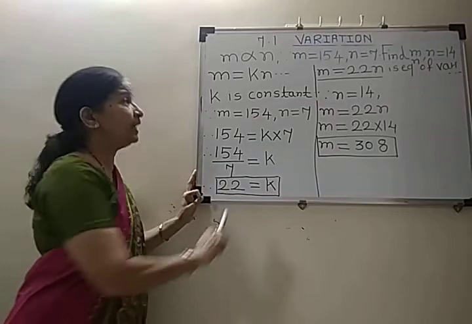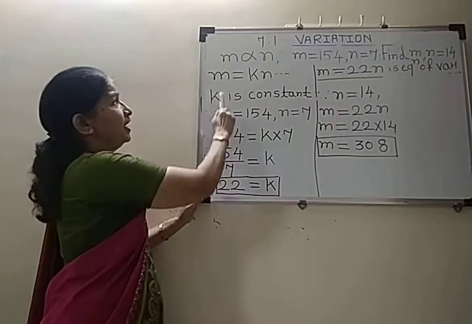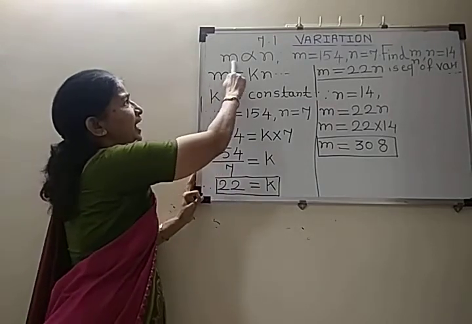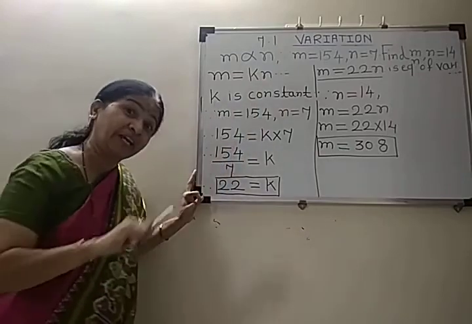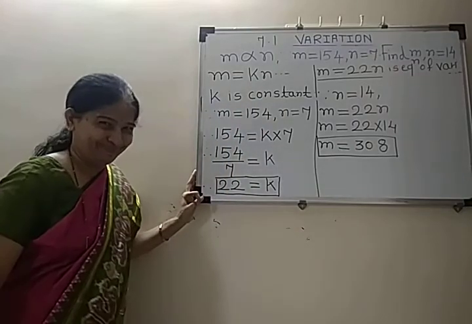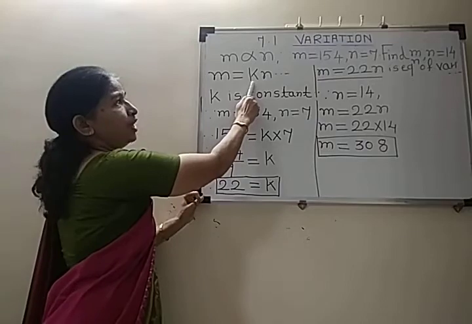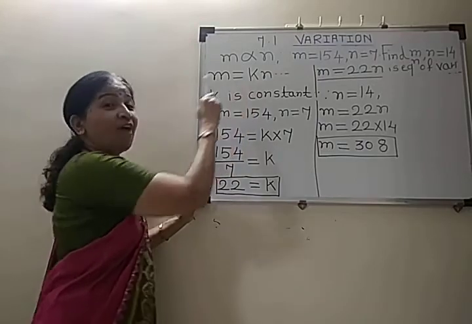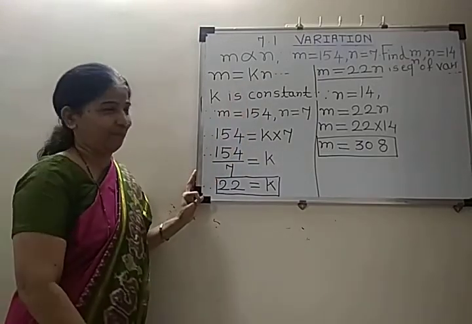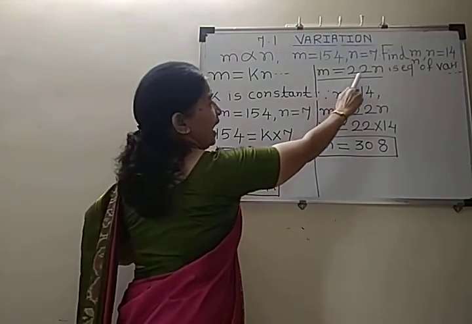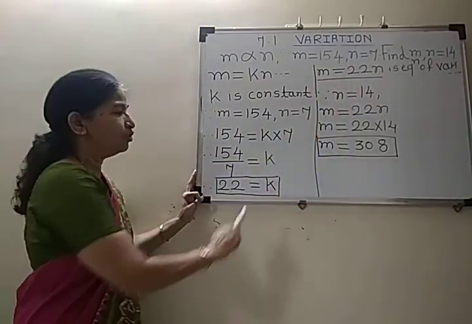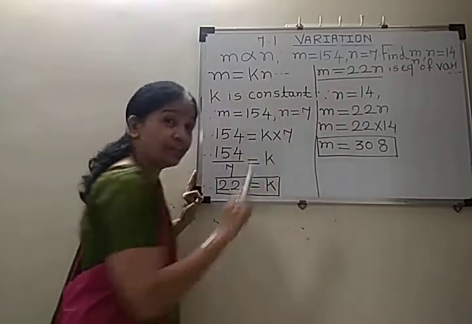To write the equation of variation, use this second step with the equal sign. Here substitute only the value of k. See, here I substituted the value of k as 22.